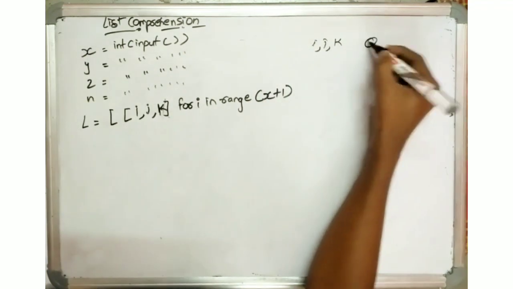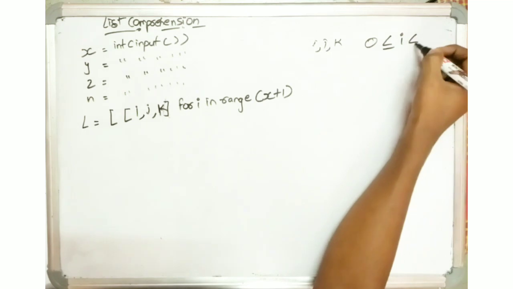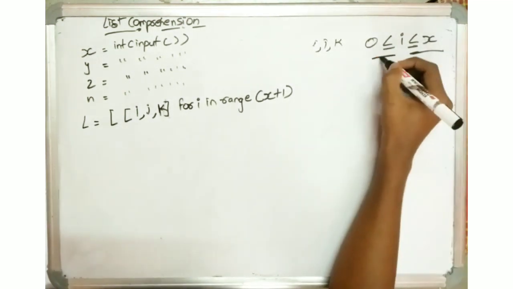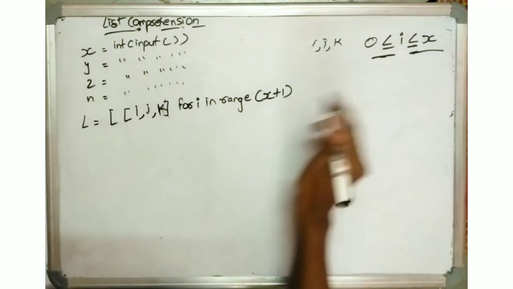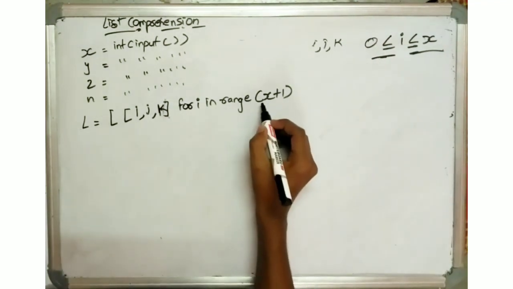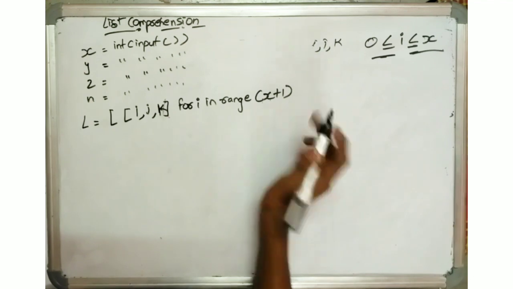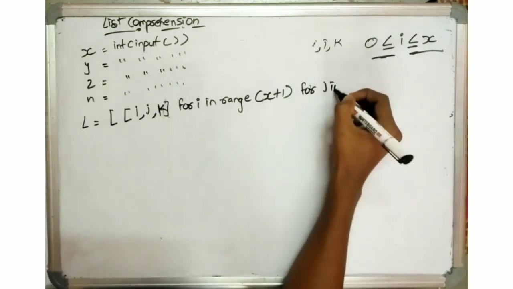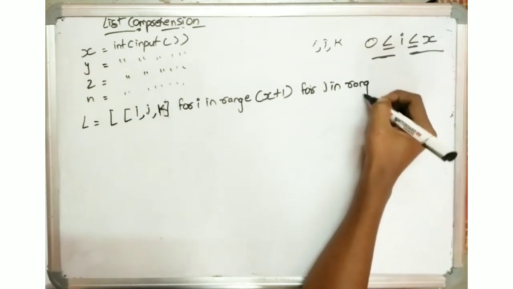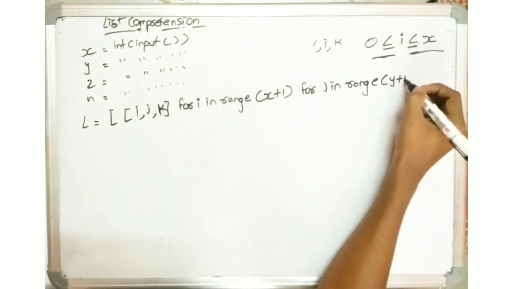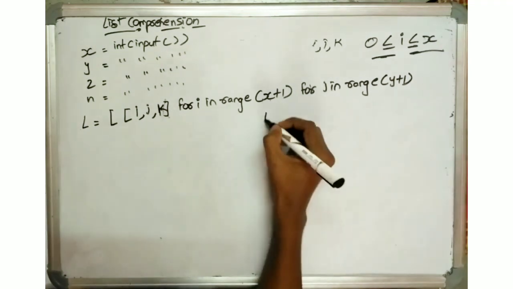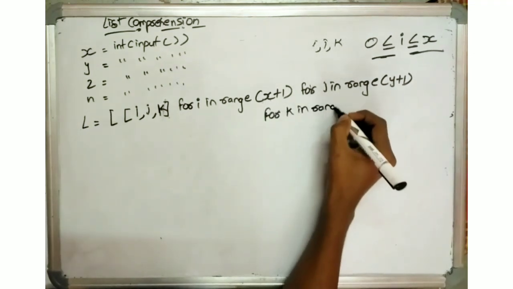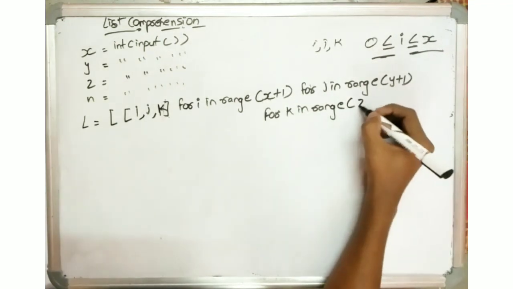The given condition is 0 less than or equal to i less than or equal to x, which means x is to be included and 0 is also to be included. So we are starting from 0 and ending with x. Then j for j in range of y plus 1, same for j, and for k in range of z plus 1.